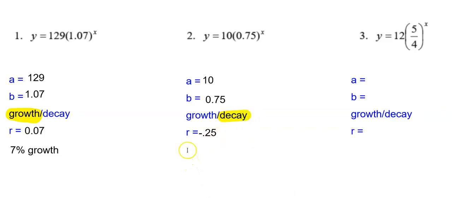And if r is 0.25, this is a 25% decay or decrease.